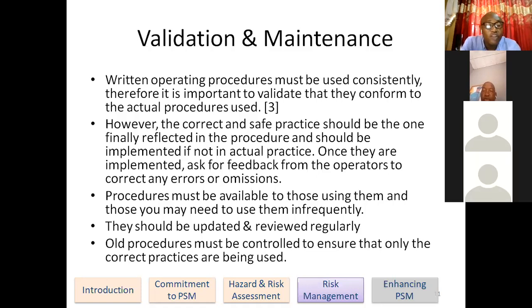That means you have moved into the new system. You have been able to upgrade and review your system in line with what? In line with all procedures must be controlled to ensure that only the correct practices are being used.